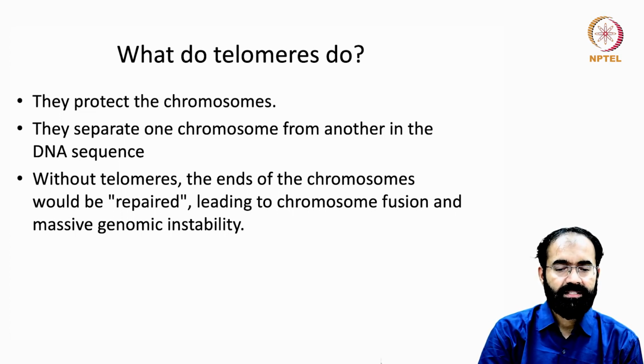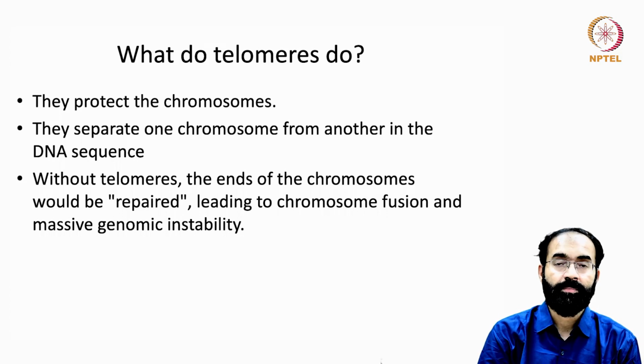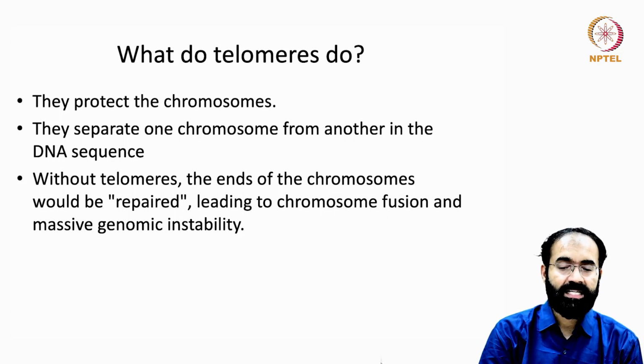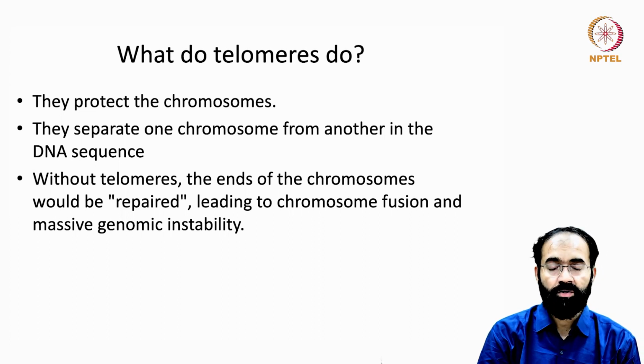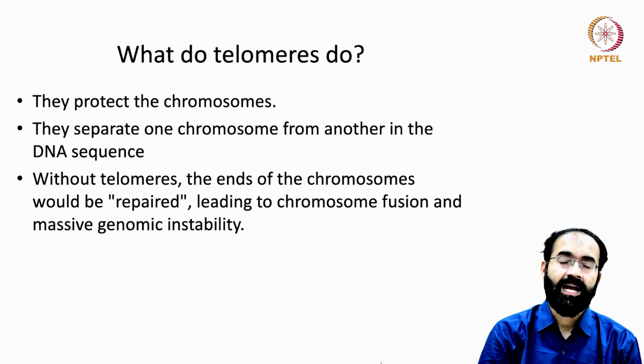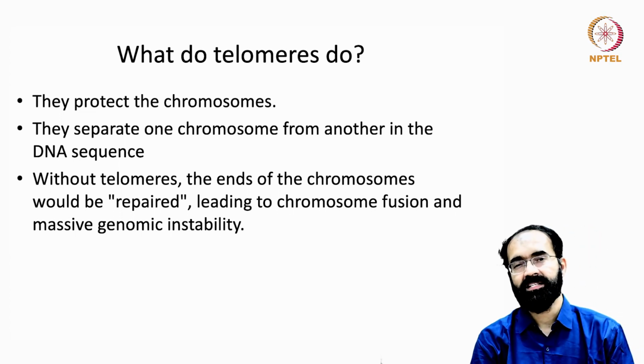Without telomeres, the ends of chromosomes would be repaired, leading to chromosome fusion and massive genomic instability. If the repeat sequence such as telomeres were not there, then the system will sense it as a damaged portion and it will try to ligate it with another DNA fragment that is available in the cell.